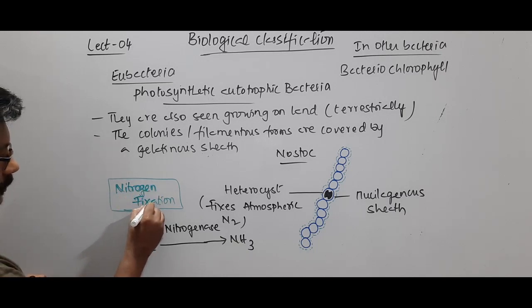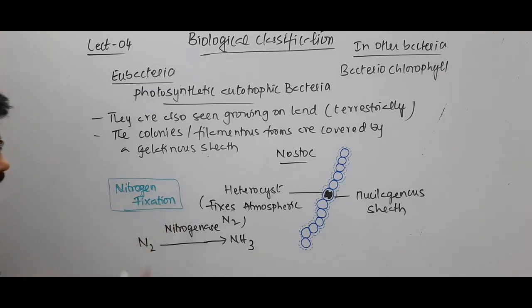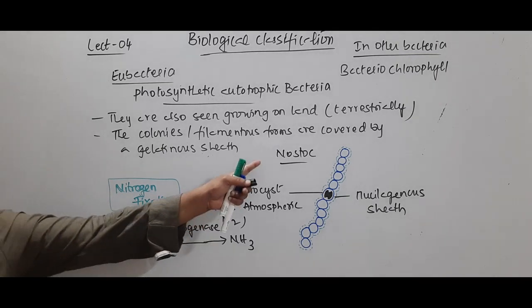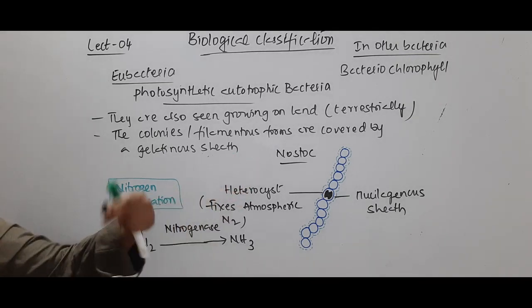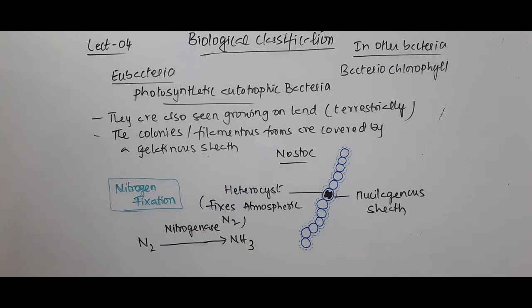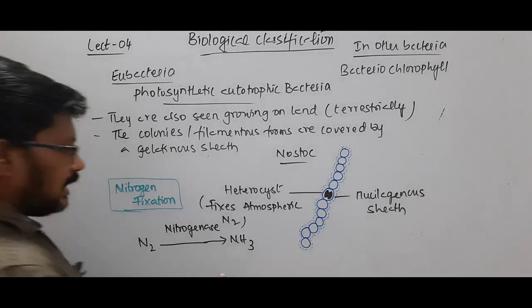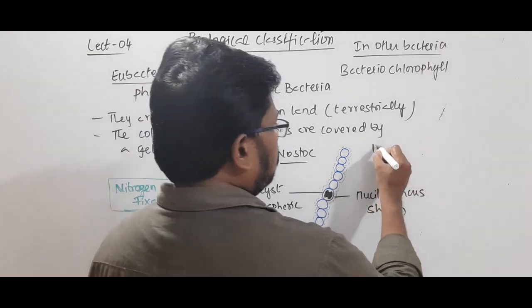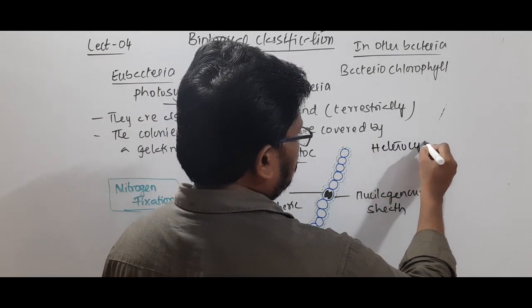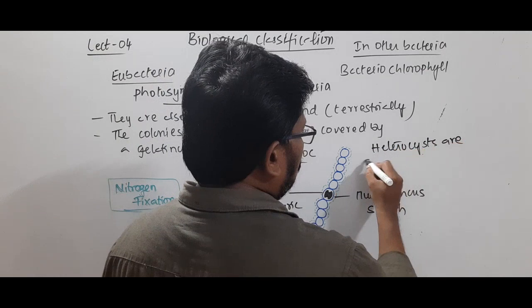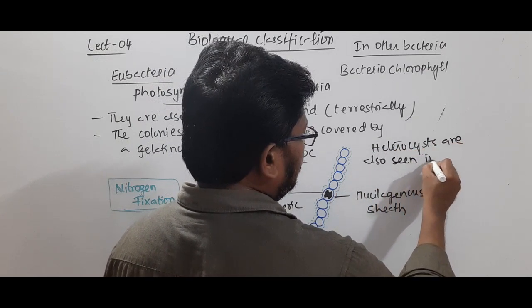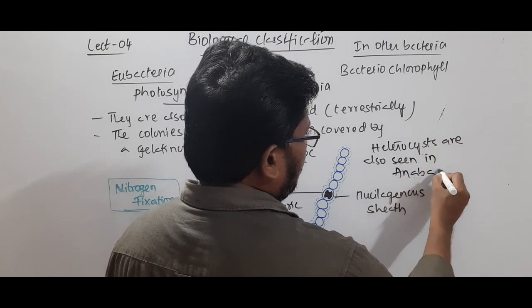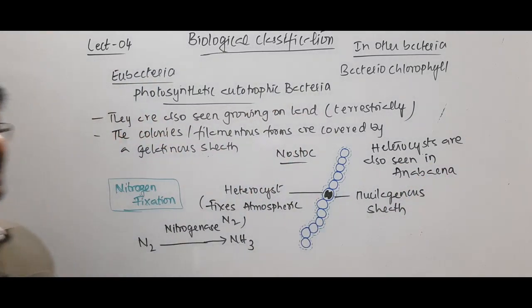So, nitrogen fixation, right? Then here these heterocysts we can see, which I mentioned in the case of Nostoc, and another example I will give you is Anabaena. Heterocysts are also seen in another cyanobacterium called Anabaena.